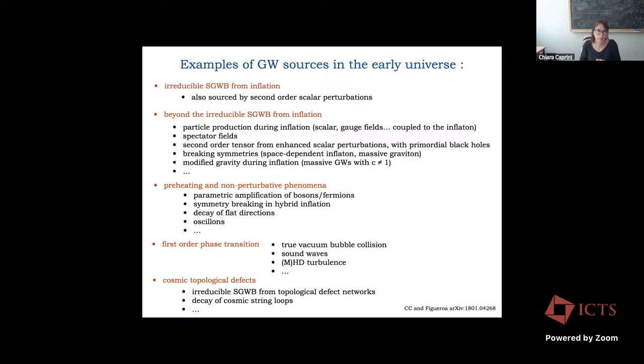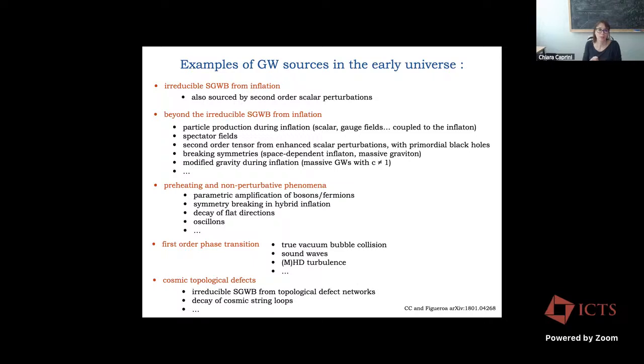Okay, and this particular reheating phenomenon can happen in very many different models. Many of those can produce gravitational waves if there are strong fluctuations of some scalar field.